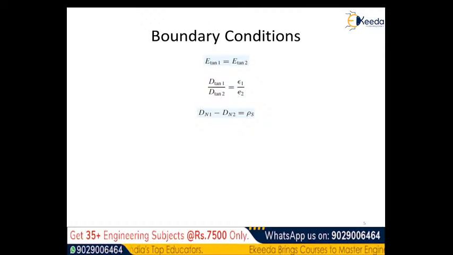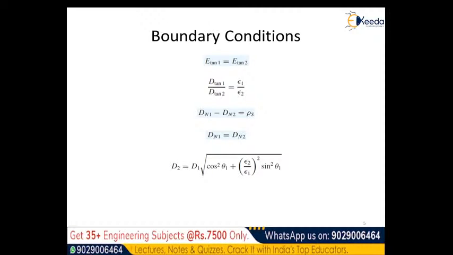As you see on the RHS, the difference between the normal components of electric flux density in region 1 and region 2 will be equal to rho s. And if there is no charge on the boundary separating the two perfect dielectric materials, we put it equal to 0, and Dn1 will be equal to Dn2. So that is what I was talking about.